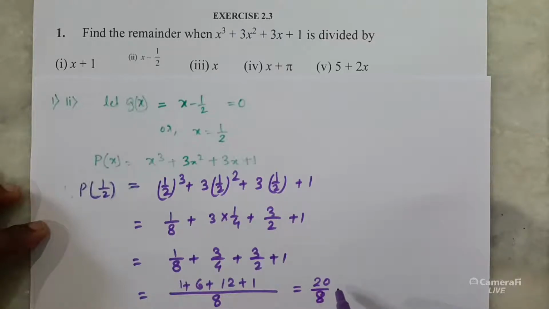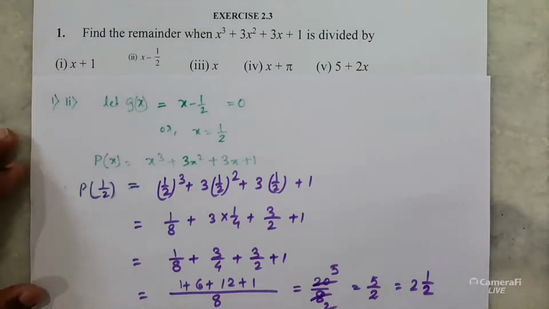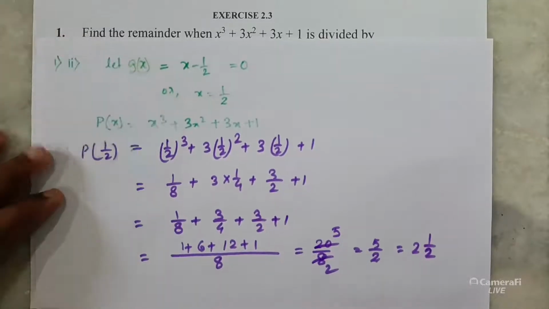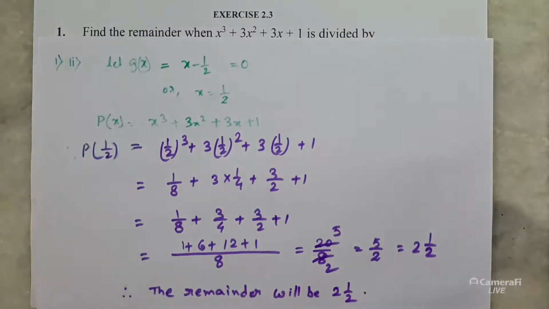Now you can divide it: 5 by 2, that is 2.5. Therefore the remainder will be 2 and 1 by 2, that is 2.5.